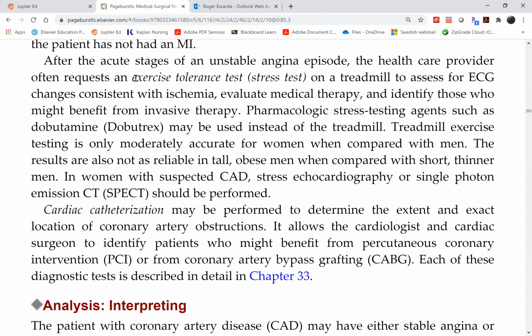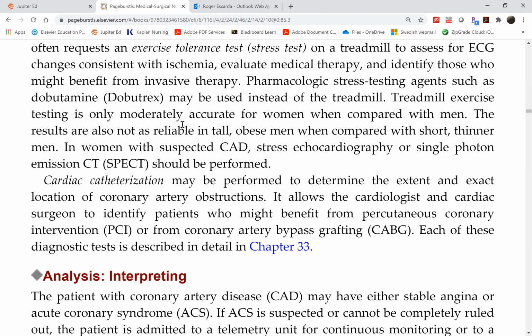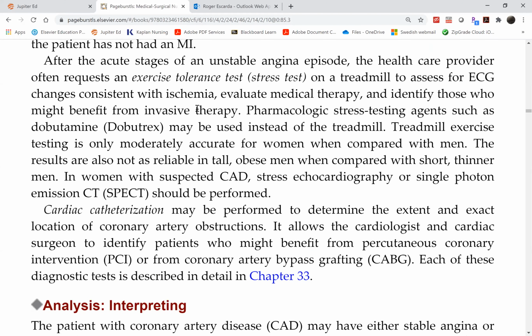With unstable angina, the doctor can do an exercise tolerance test or simply a stress test. Not so with the NSTEMI and STEMI, which go to the cath lab. But if it's unstable angina, based on the ECG changes, then the doctor can do a stress test to determine the next plan of care.